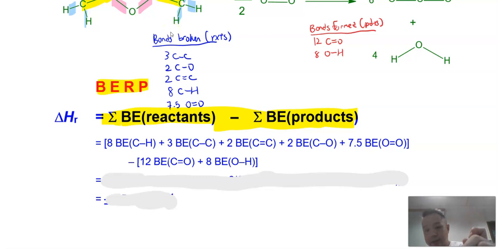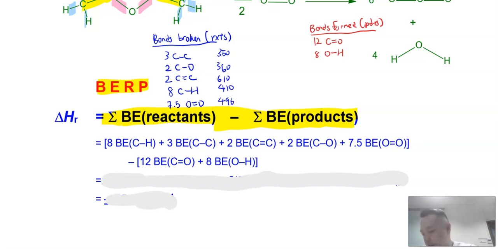So CH bond 410, CC single bond 350, CO single bond 360, CC double bond 610, and OO double bond 496.